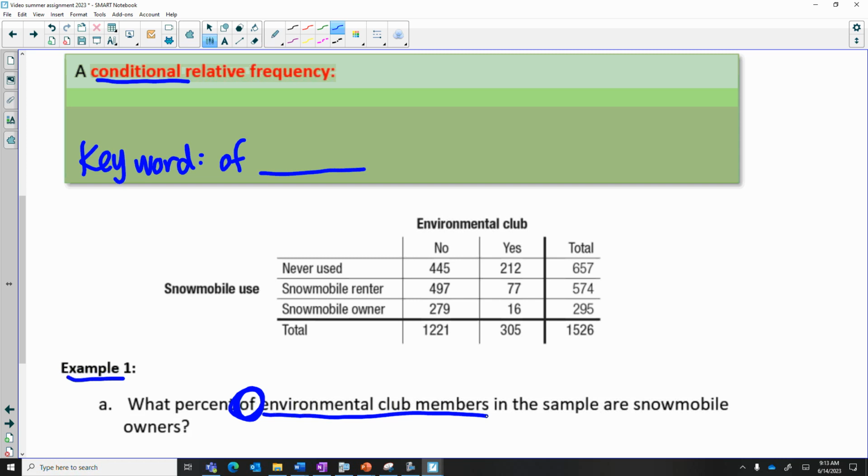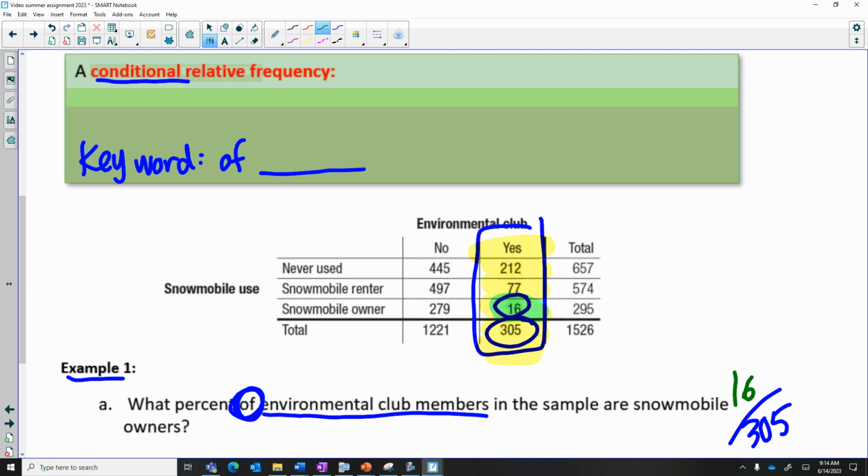So out of the environmental club members, so out of only this column here, the 305, how many of those people are snowmobile owners? So you're restricting your denominator to only the yeses, and out of those, how many of them are snowmobile owners? There's 16 of them, okay?